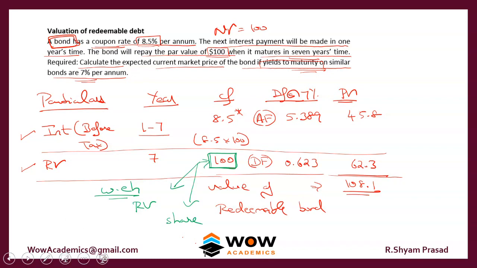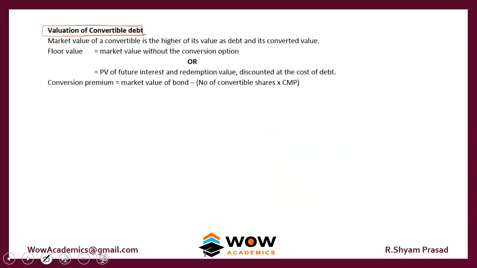So it's quite easy. The market value of a convertible is the higher of its value as a debt and its converted value. So whichever is higher, the redeemable value or the share value, you just pick that.